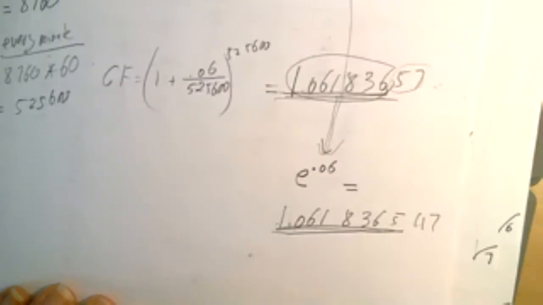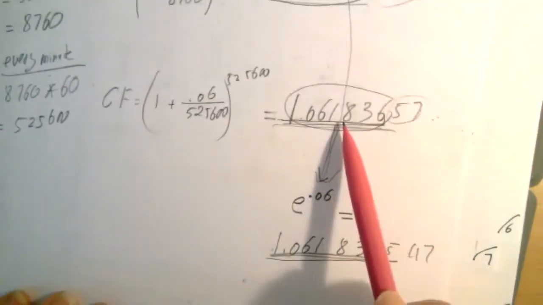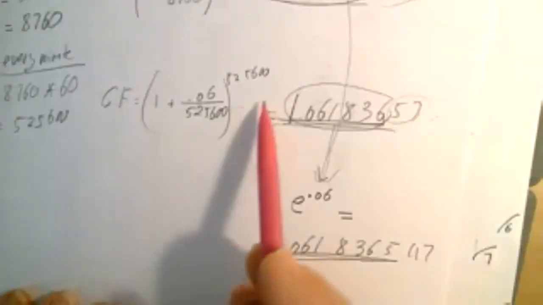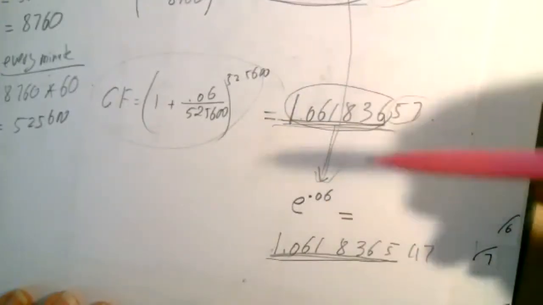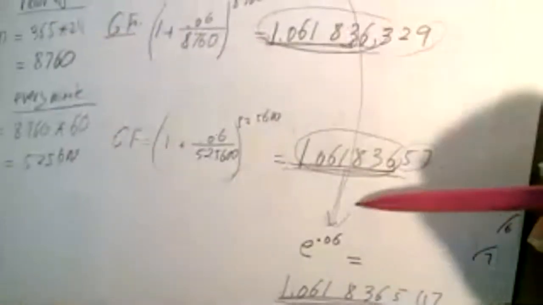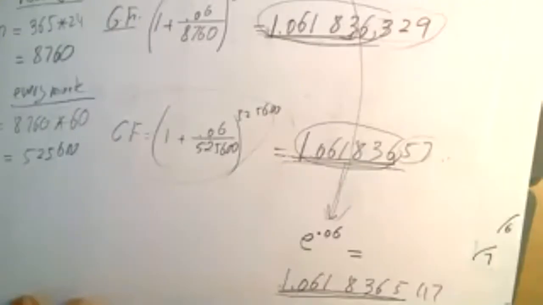Absolutely, they're almost the same. They differ only after 7 digits. Those numbers were becoming almost a nightmare to compute, and that's how people figured out that they are actually close to e to the 0.06.